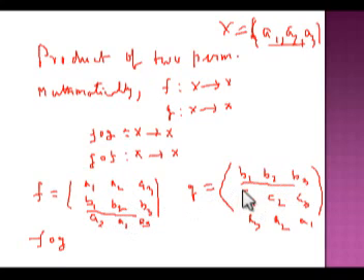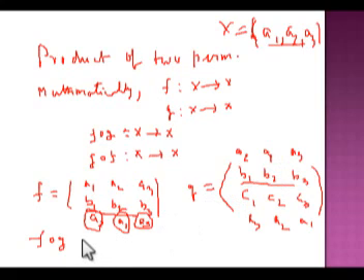In other words, here I have taken B1 is A2, B2 is A1, B3 is A3. So here B1 has to be A2, B2 has to be A1 and B3 has to be A3. Then you can form the product, otherwise you cannot produce the product.